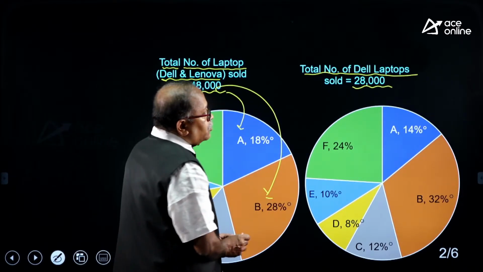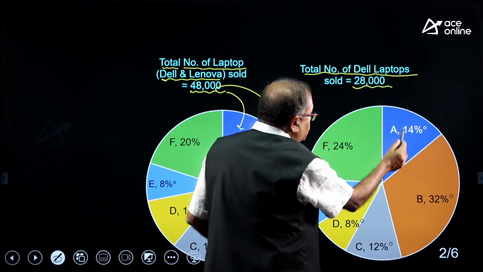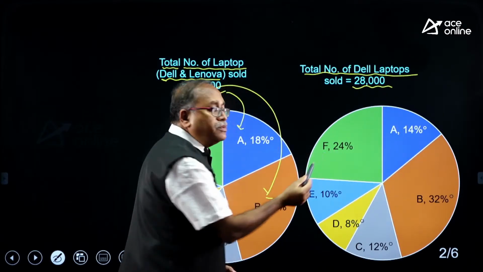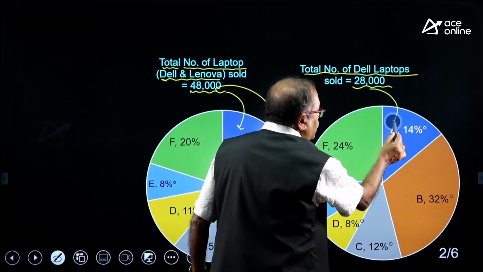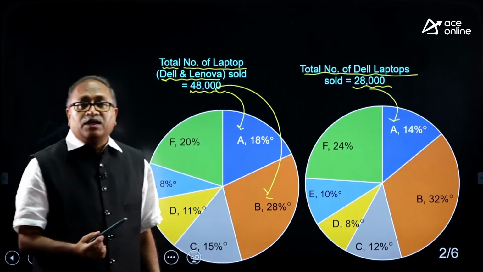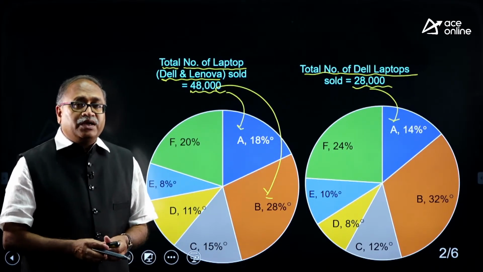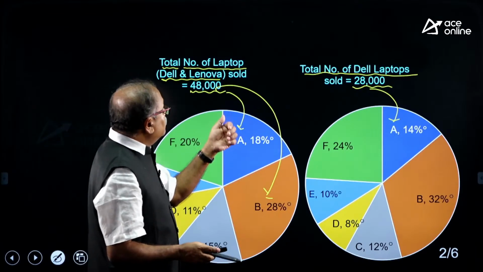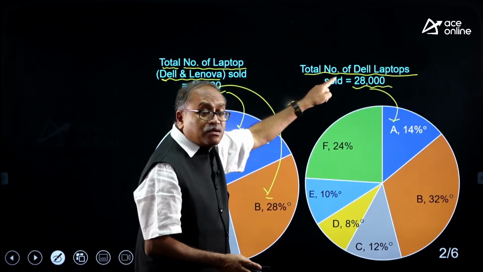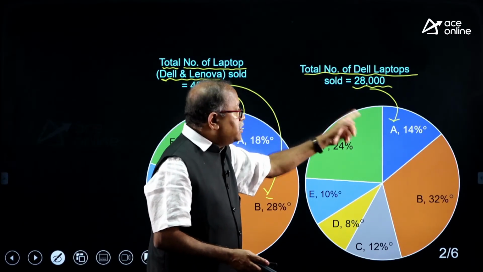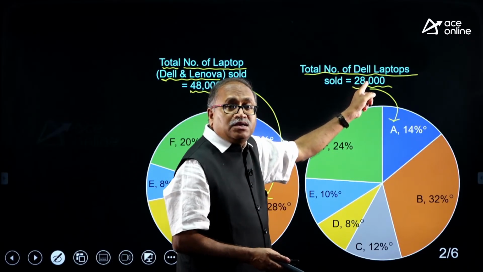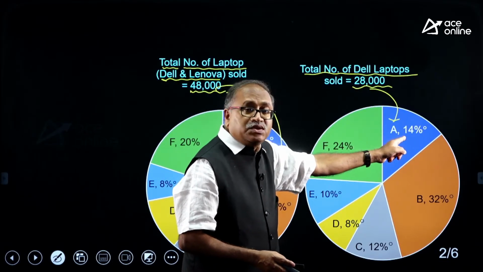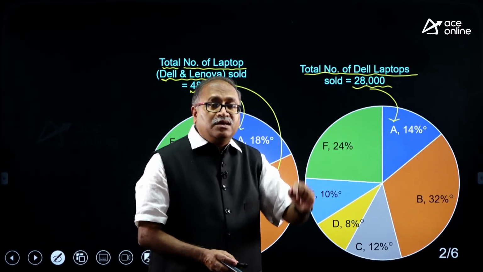Okay. Now, coming over here, the same 6 distributors are there, A to F. Now, what is A? That is 14% of 28,000. Now, if I have to find out the sale of Dell by distributor A, then I know that the Dell total is 28,000, so 14% of 28,000, I will directly get Dell.